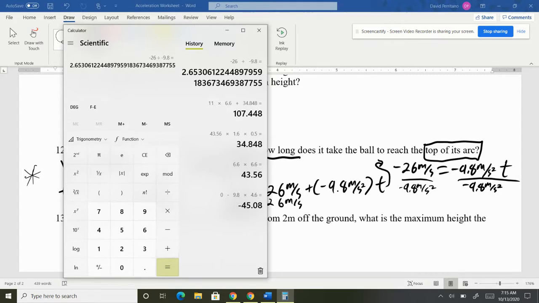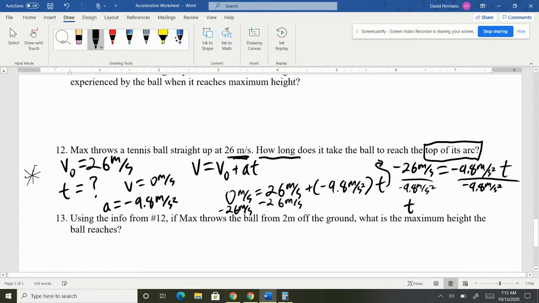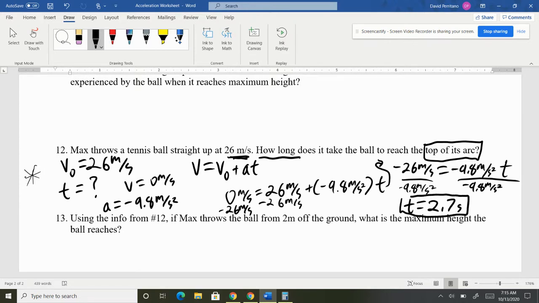We only have one decimal place, so let's just do 2.7. So time equals 2.7. The unit of time is seconds. This tells you how long it takes to get to the top of its arc.